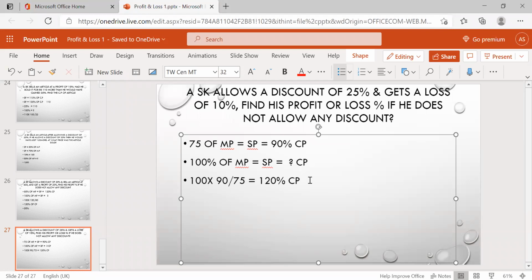So 120% of CP, what is that? 100% is CP, the remaining more than 100% is nothing but profit. So 20% is profit. Okay, clear? Guys, is it clear for everyone?